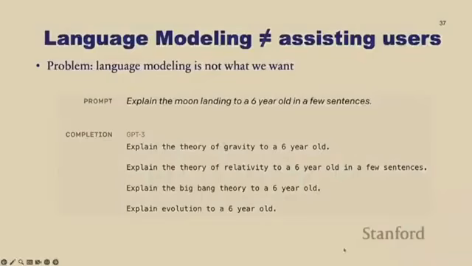For example, if you ask GPT-3, which is a pure language model, not an aligned one, a question like, explain the moon landing to a 6-year-old, the conclusion that you would get is something like, explain the theory of gravity to a 6-year-old. Because what it learned is that on the internet, if you have one question, you usually have maybe another bullet point of other similar questions. You don't usually have a question and an answer later. This is not what you want from an AI assistant.